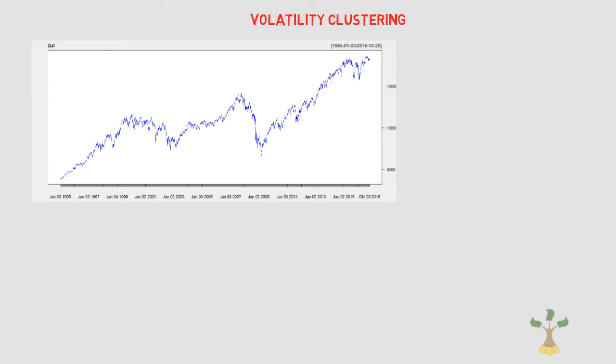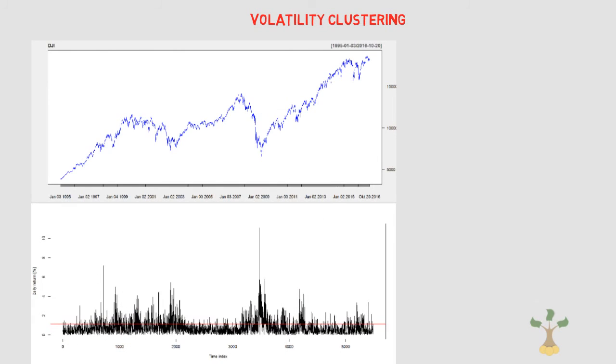You should also be aware of an interesting property of volatility, namely volatility clustering. To explain what volatility clustering is, let's first look at an actual example of the Dow Jones index and the absolute value of its returns. If we look closely at the returns, we see that periods of relatively large returns are followed by periods of relatively small returns. Obviously, periods of large returns are also periods with high volatility and vice versa. Now, volatility clustering refers to exactly this fact.